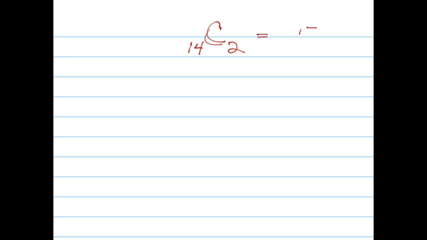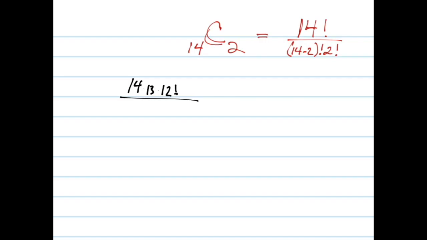So we have 14 factorial over 14 minus 2 factorial, 2 factorial. So we have 14 factorial, which is 14 times 13 times 12. I'm just going to write it times 12 factorial, instead of writing out 12, 11, 10, 9, 8, 7, 6, 5, 4, 3, 2, 1.